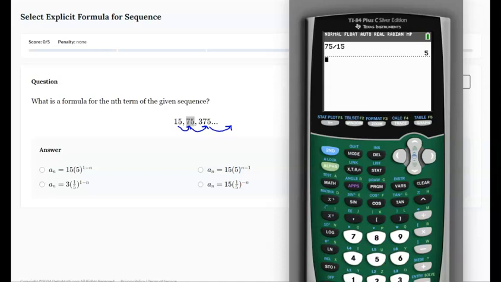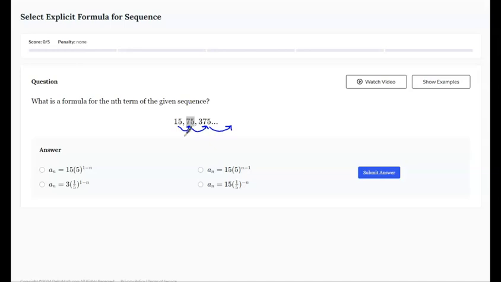Now I'll take my third value, 375, divide it by the one before it, and if I get a constant ratio or rate, then I know that this is geometric with a pattern of multiplying by 5. So that is the R value. And the A1 value is the answer in the first position, or 15.